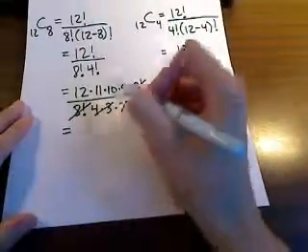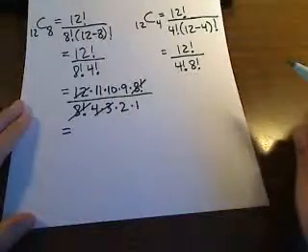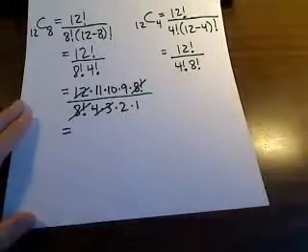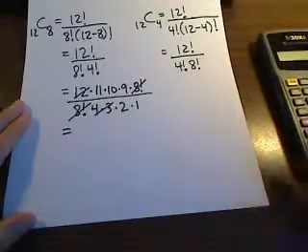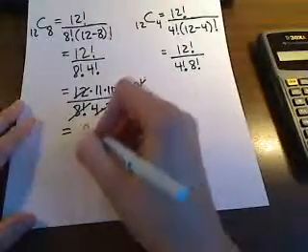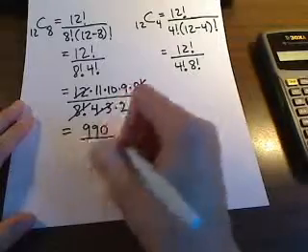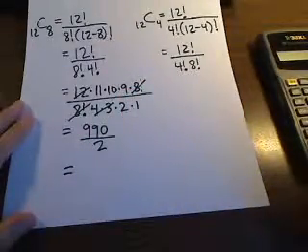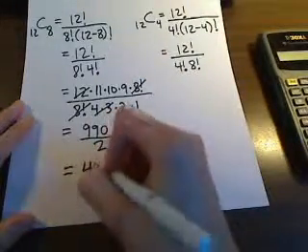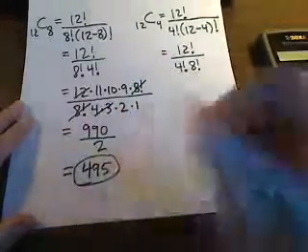The 4 and 3 is 12, so I'm going to cancel those. And then I'll see what's left here. I've got 11 times 10 times 9 in the numerator, so that's 990. And then in the bottom, I just see a 2. So if I take that 990 and divide by 2, I get 495 would be the answer there.